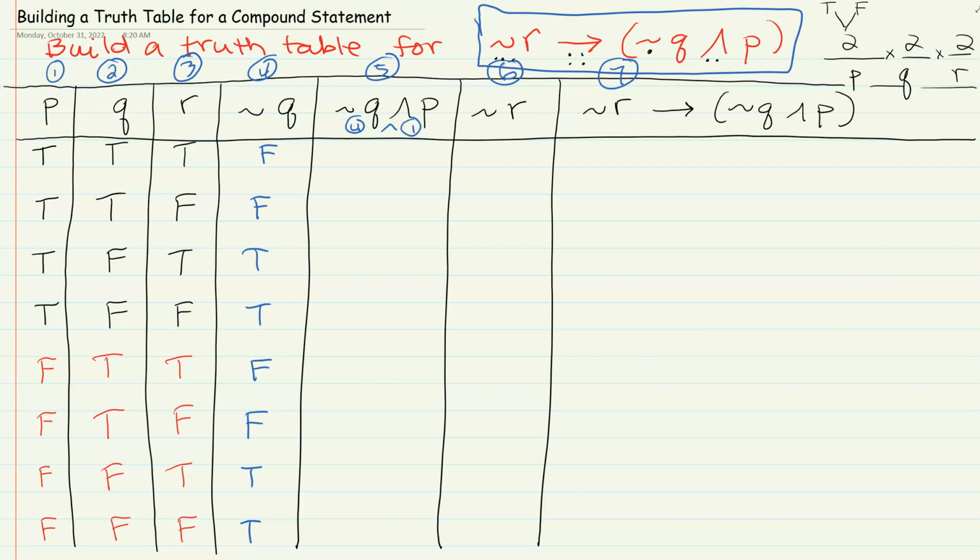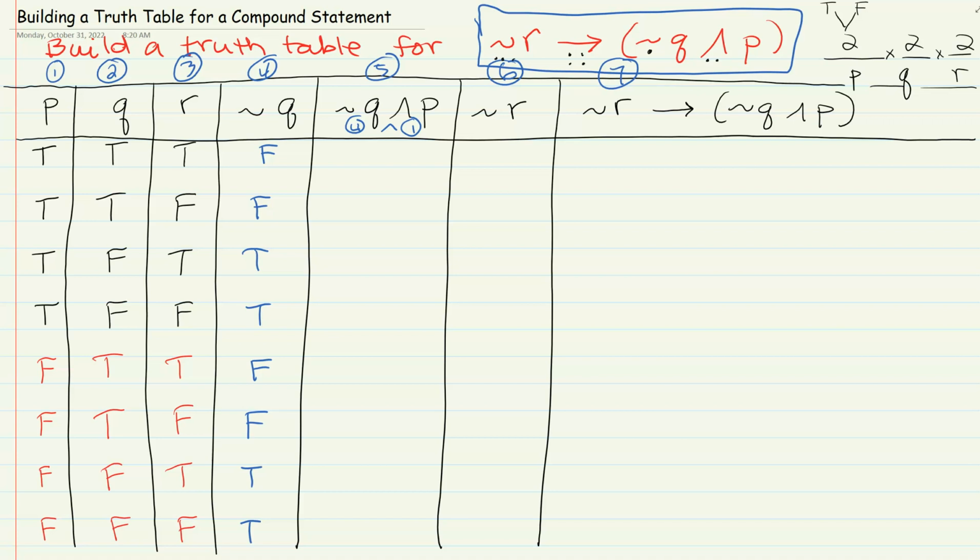The connective is AND. So how does AND work? AND is the statement that says both truth values have to be true in order for the statement to be true. I'm going to use red for column number 5. So I'm looking at 4 and then 1.